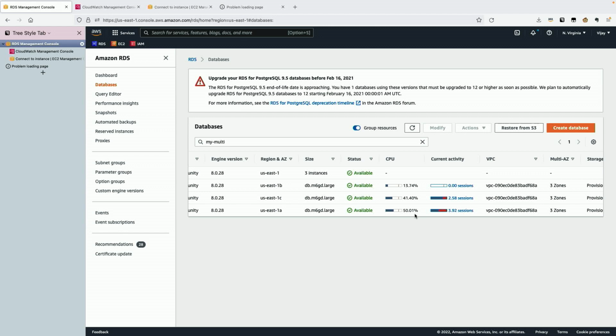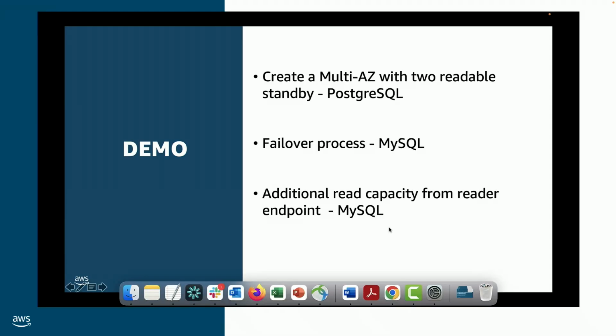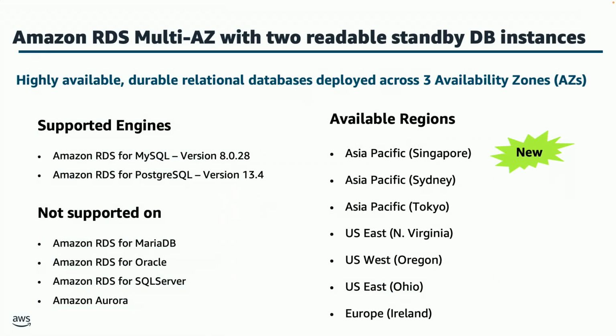With that, I'm going to get back to the presentation, which is the next part. The demo is over for the 2 reader instances. Currently these are the regions where multi-AZ DB clusters are available. The main thing I want you to take away from this slide is the RDS MySQL and Postgres versions.